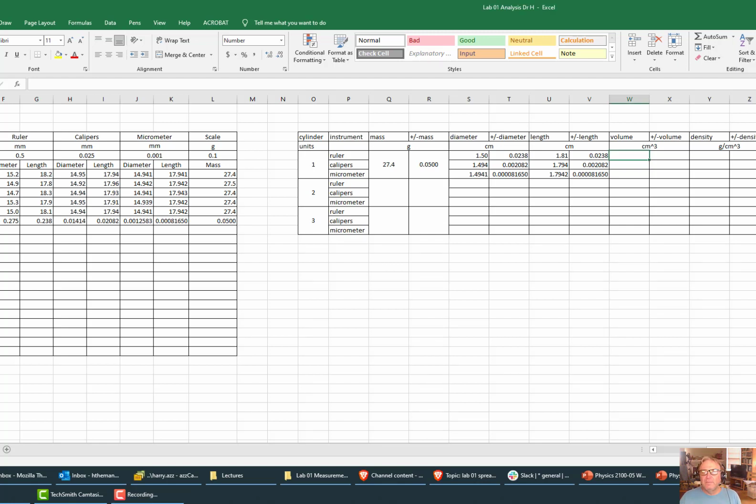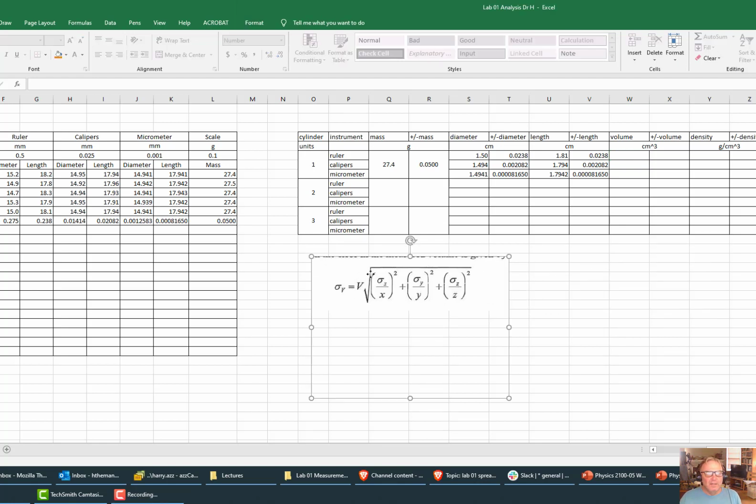Okay, so right, volume, and we might as well go right ahead and do the plus minus on the volume. So this is the equation for the plus minus on the volume in the manual. And the problem with this is it just goes so far.